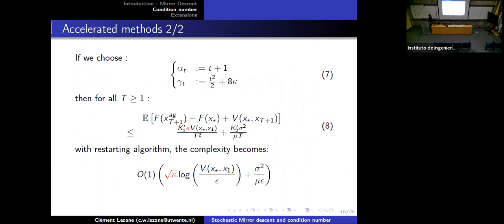I think I skipped some notation, but that's why you have square root of kappa here. So in each of the n iterations, you pay a square root of kappa in the accelerated case, and you have to pay kappa in the non-accelerated case. So that was the step here.